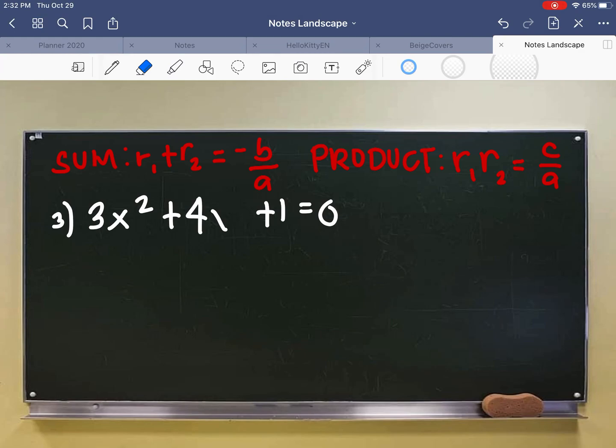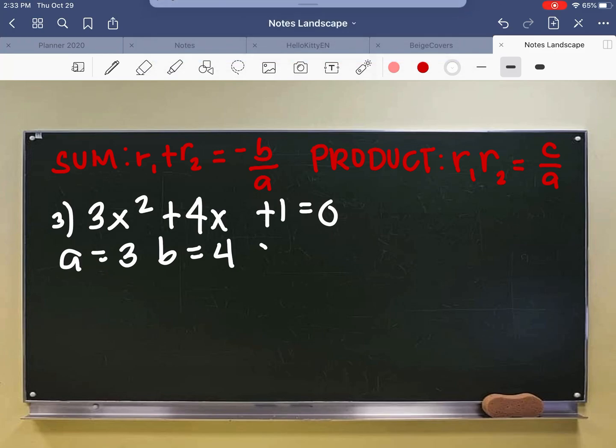Okay, so we have 3x squared plus 4x plus 1 equals 0. So, ano yung a, b, and c? So, a equals 3, b equals 4, and c equals 1.